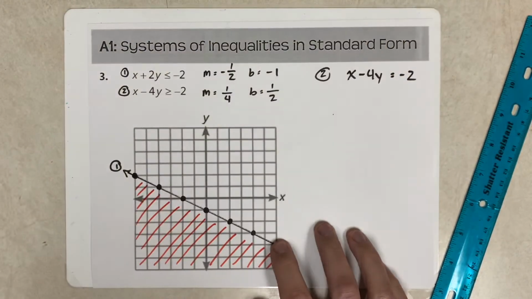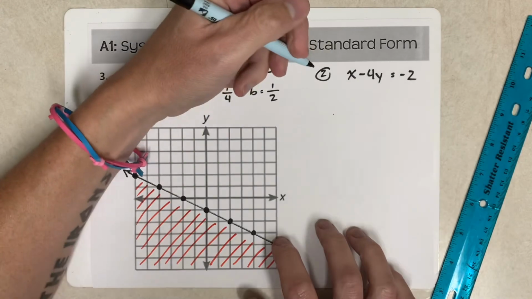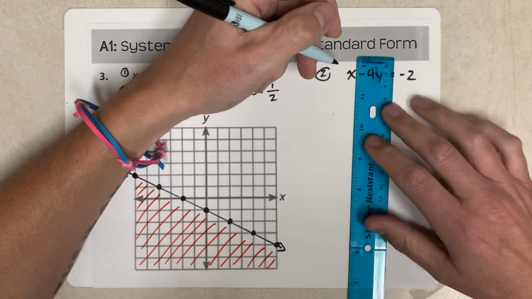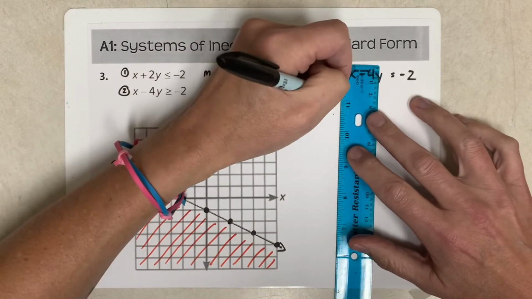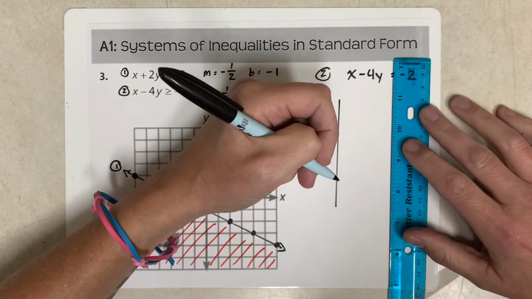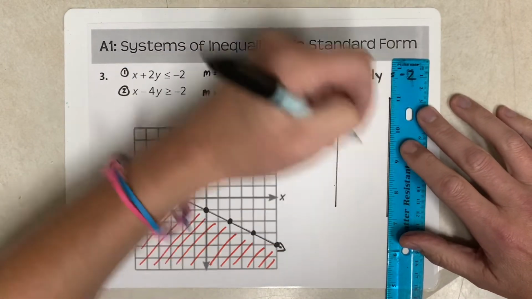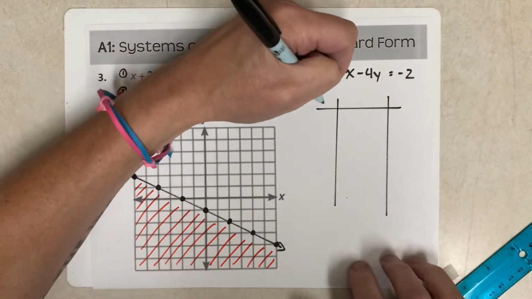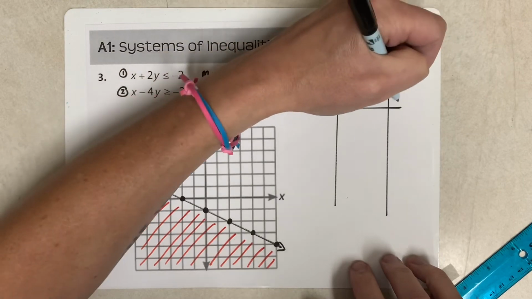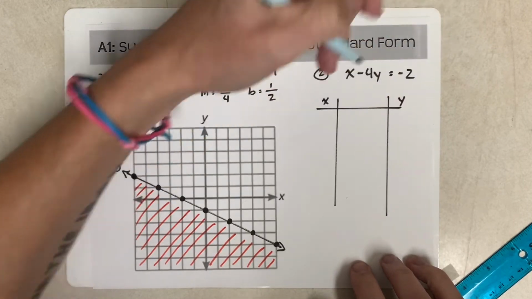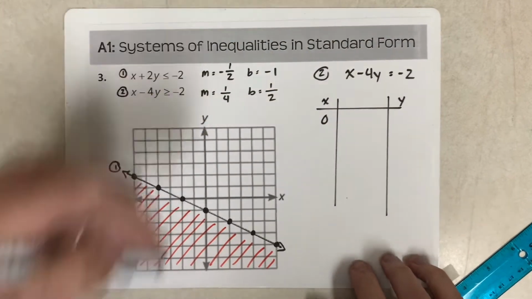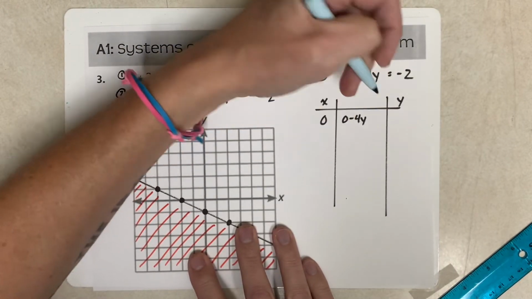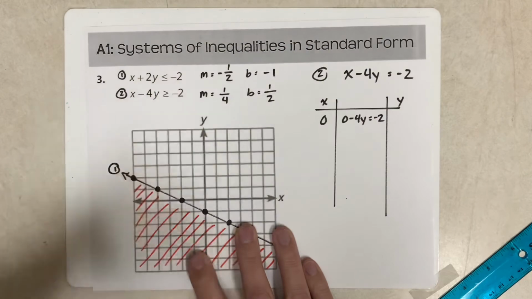That's the boundary line for number 2. So if I plug in, let's just say a 0 for x, and I'll even do it like this right here, because sometimes you have to do it like this. If I plug in a 0 for x, I'm going to get 0 minus 4y equals -2.